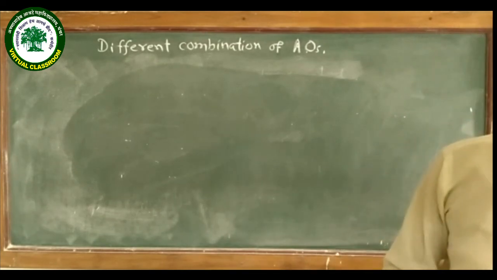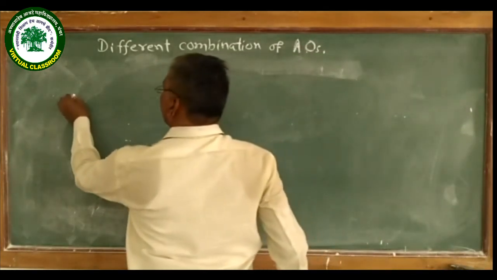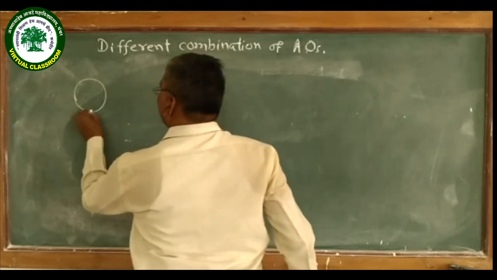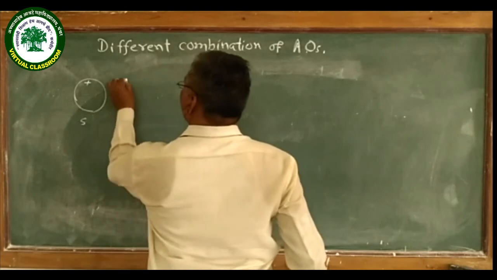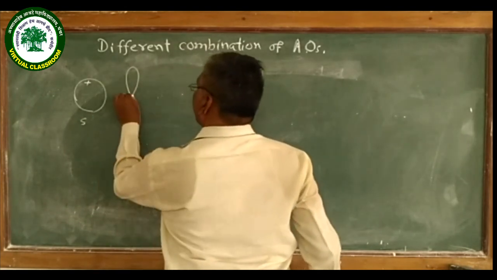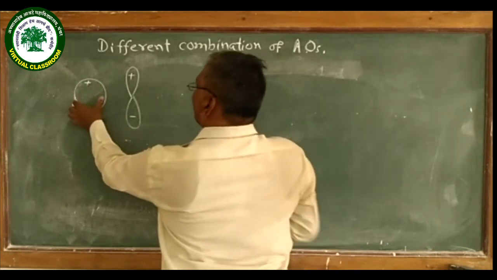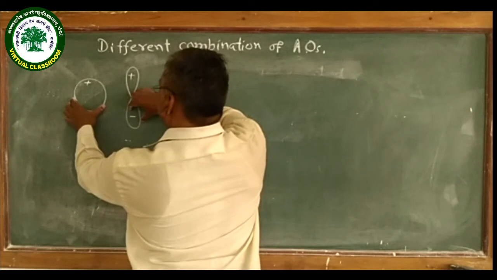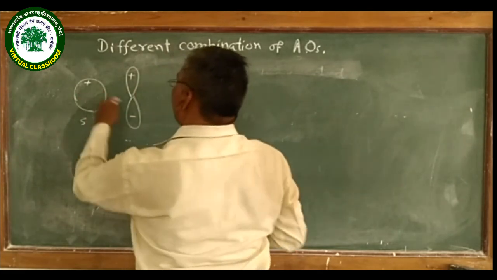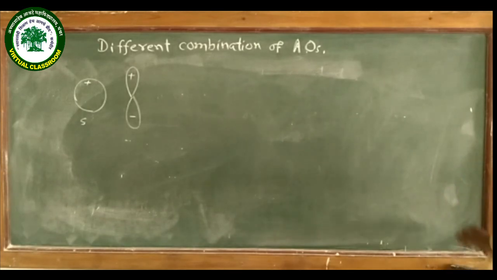For example, s orbital, if it is spherically symmetric and it laterally overlap with py or pz orbital, then you can see here this lobe overlap with this one, plus plus overlap, this lobe overlap with this one, plus minus overlap. So simultaneously plus plus and plus minus overlap is there.